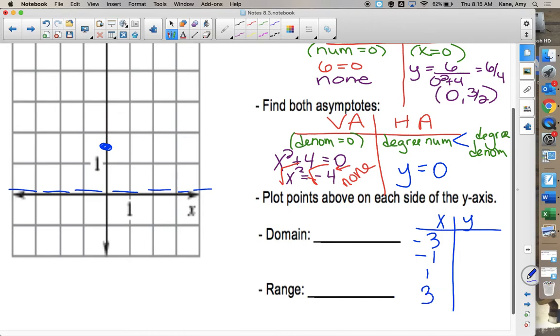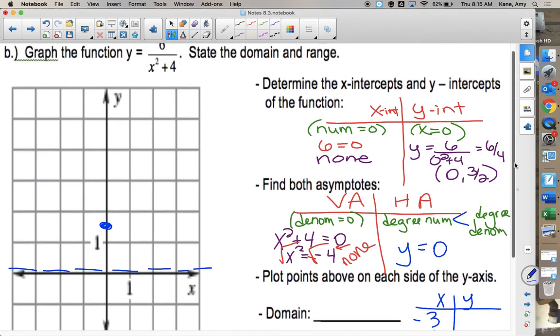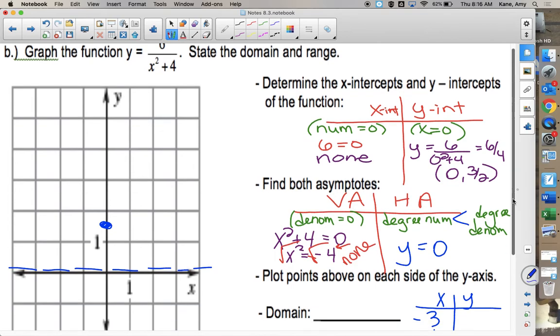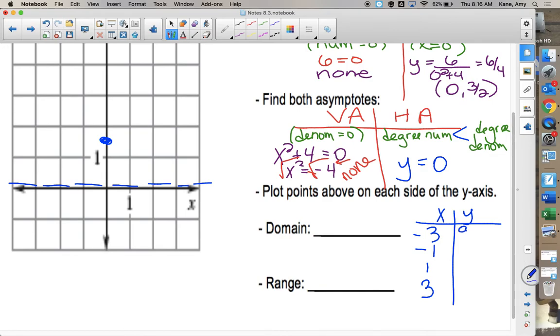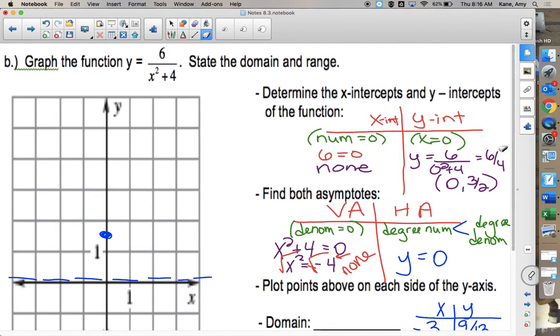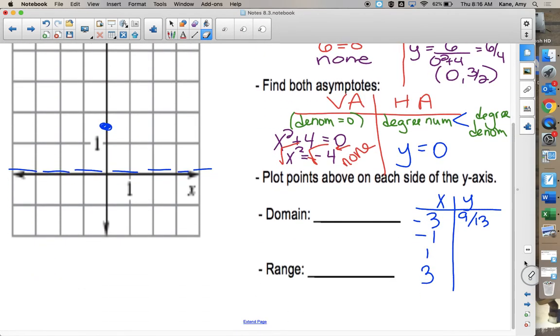Or if you'd rather use 2 and 4, or 1 and 4, -1 and -4. So if we plug a 3 in, we have a 6 on the top. 3 squared is 9 plus 4. We plug a 1 in, there's a 6 on the top. 1 plus 4 is 5.